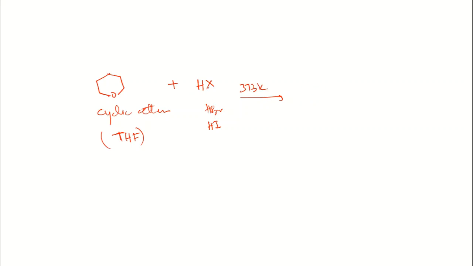If we perform this reaction with hydrogen bromide, the ring will be opened and we will get the dihaloalkane.